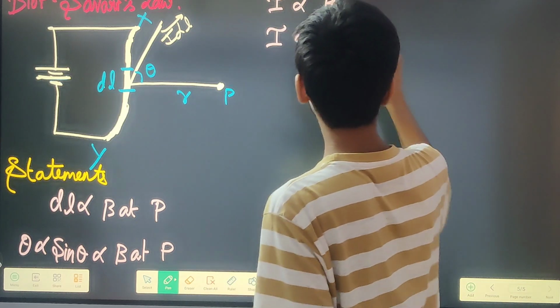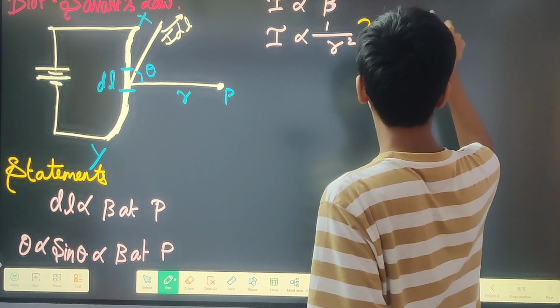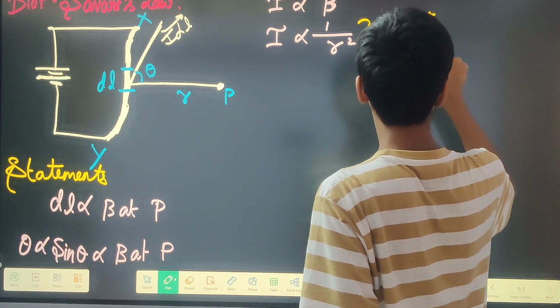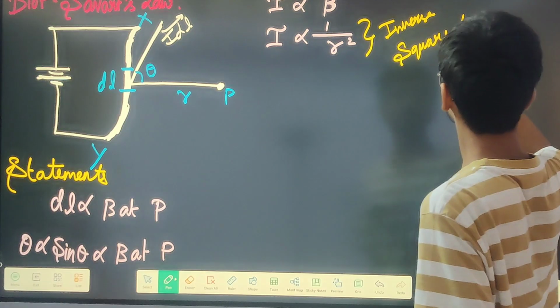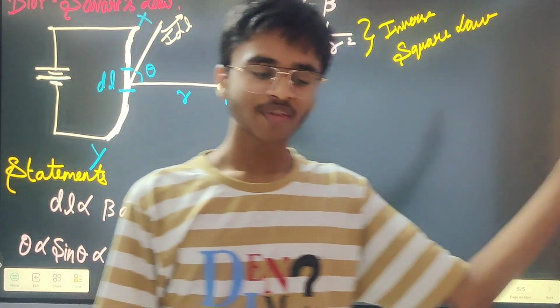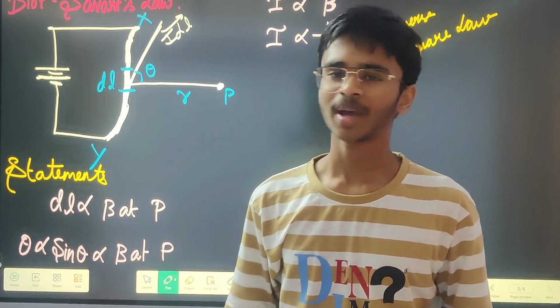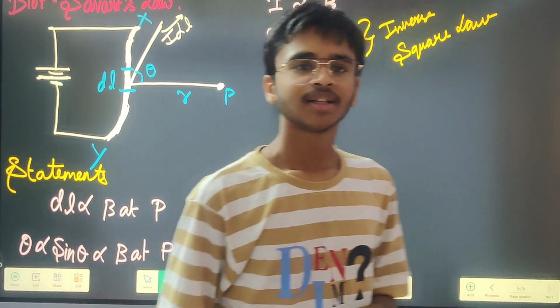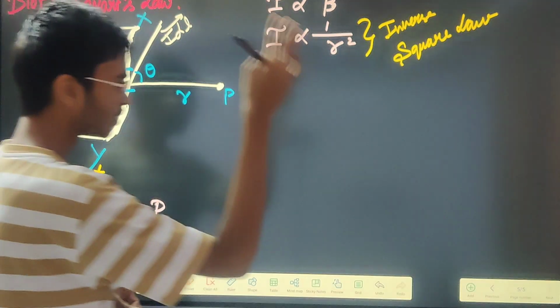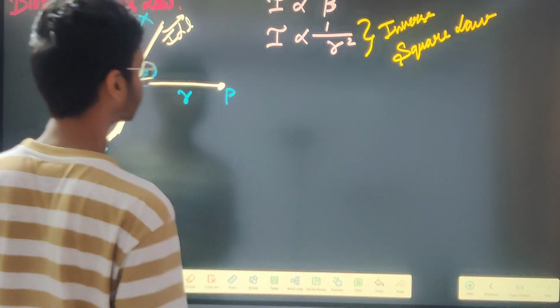So this law is called the inverse square law. In Coulomb's law we have discussed it, and also in gravitation we have seen it. I haven't uploaded any video on gravitation, but we have seen it.